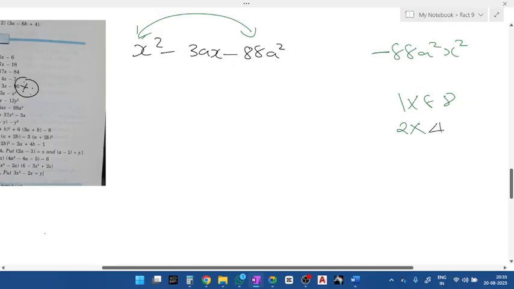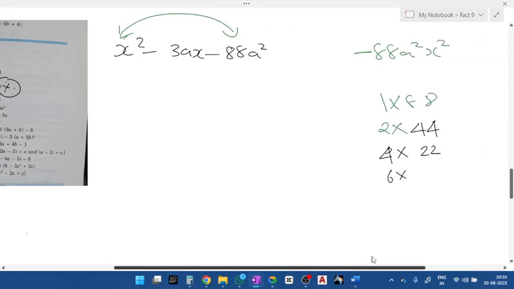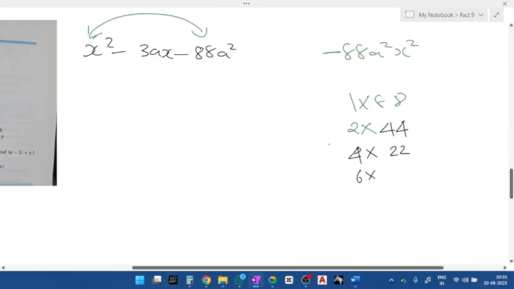Yes, students, 2 into 44. Next, 3 doesn't go. 4 into 22. Hmm. Are we getting 3? No, right? We're not getting 3. 5 doesn't go. 6. What about 6? Is it 4 into 11?